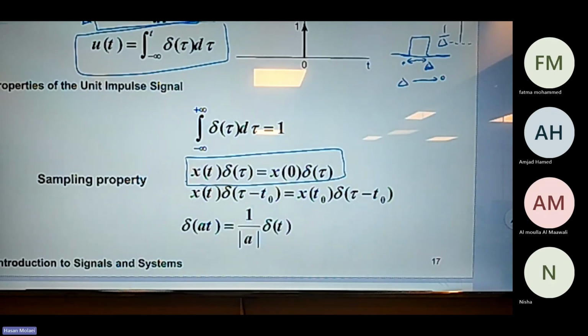If you multiply delta with anything, what will happen? If I have one x(t) and one delta, and I multiply these two signals together, what will happen?